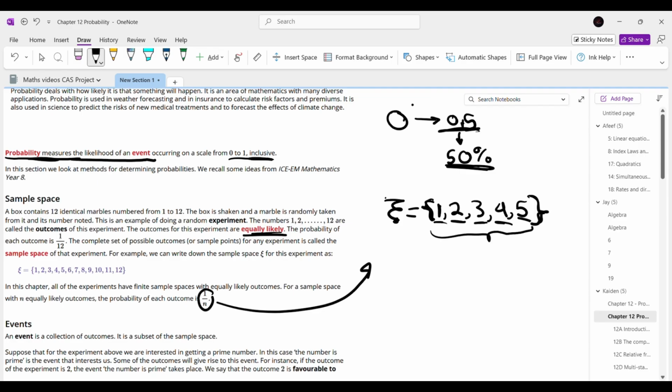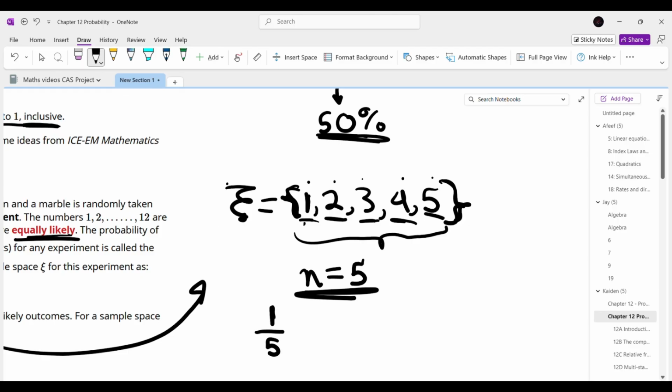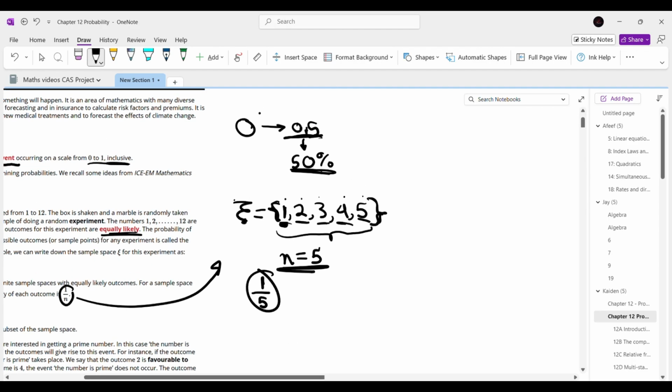So here there are 5 possible outcomes, so n equals 5. You can get 1, 2, 3, 4, or 5 when randomly selecting a number. So the probability of getting just one of these numbers, say the probability of getting 1, would be 1 over 5.